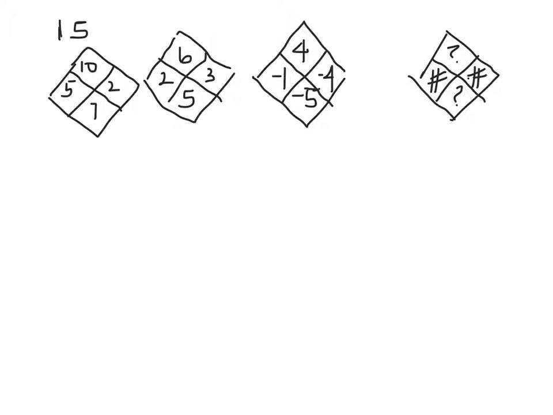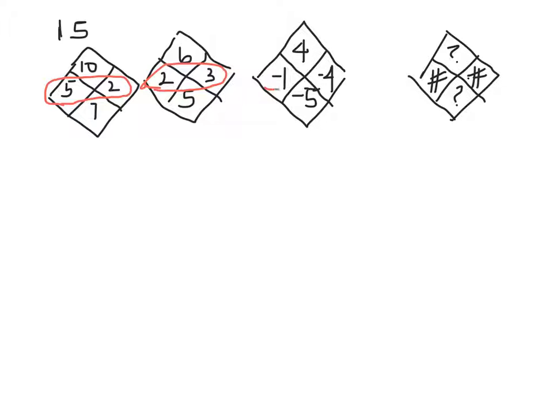Let's take a look at these. We have a 5 and a 2 here. What can you do to them that would make a top number 10? Or for that matter, a bottom number 7. How about the next one? I have a 2 and a 3. 2 and 3 do what to make a 6?